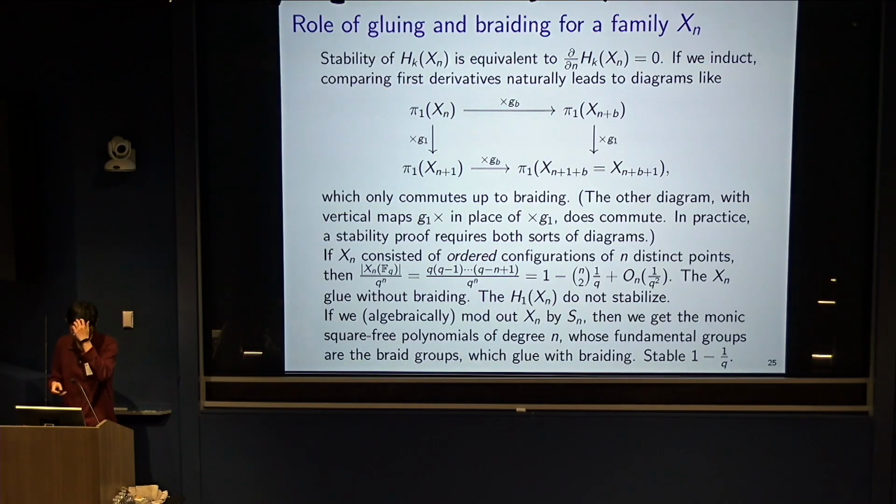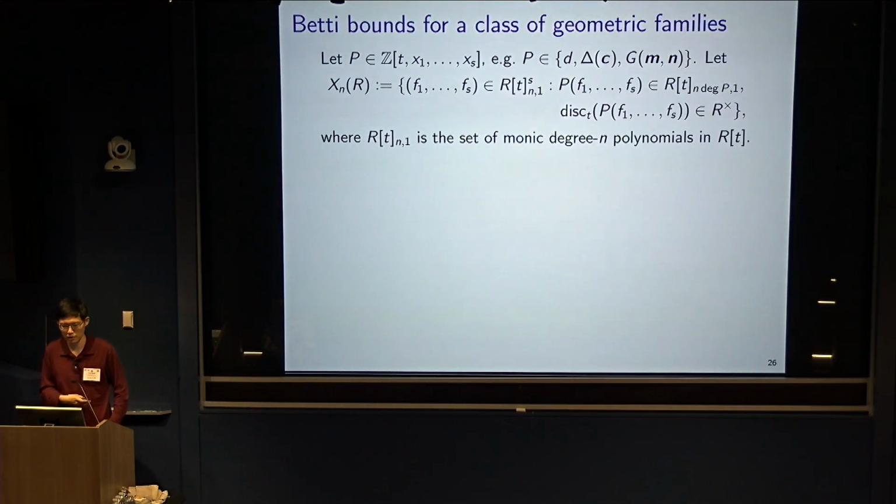You need different orders of inserting objects. And you can even give counterexamples where you have gluing but not braiding, where the homology groups don't stabilize. So both gluing and braiding seem to be essential to this approach.